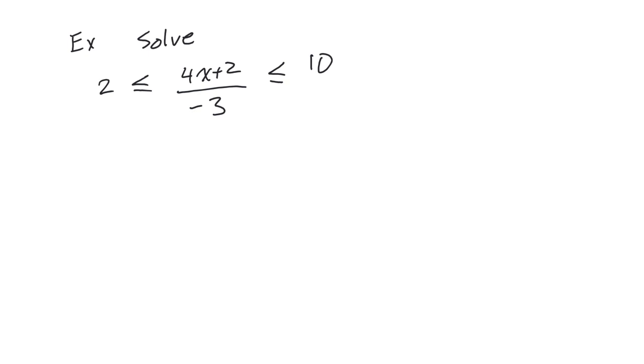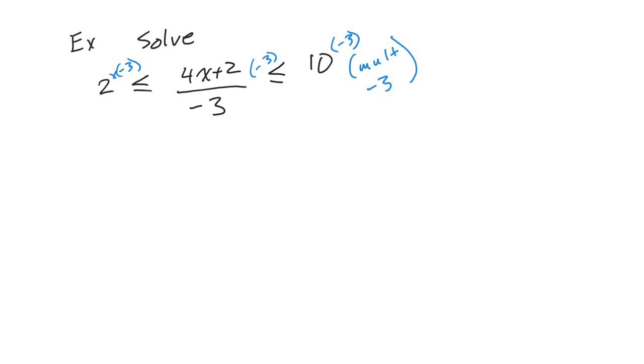I'm going to take a moment and go through this problem and then explain it to you. The first thing that we're going to do is multiply everything by -3. So multiply this whole fraction by -3, and this number 10 by -3.